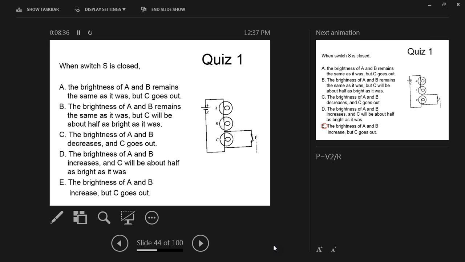They might blow. Okay, let's assume that they are still capable of producing light. Yeah, they don't melt or anything.